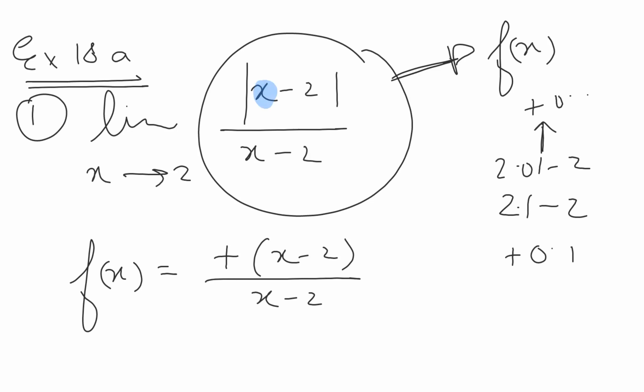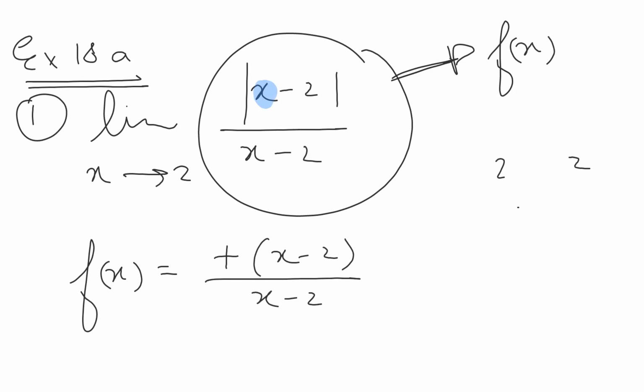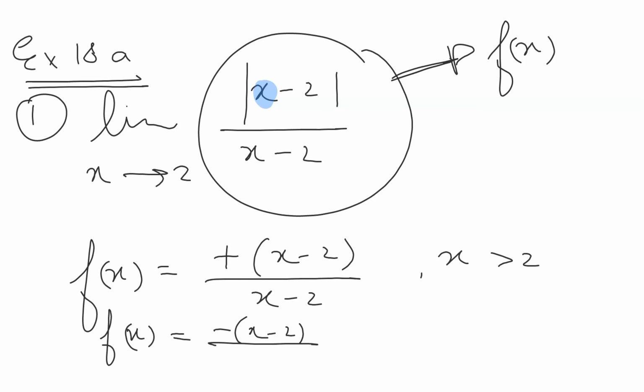So the answer will be positive when the x value is more than 2. What if the x value is less than 2? This is for x more than 2. The same function of x is negative x minus 2 upon x minus 2.